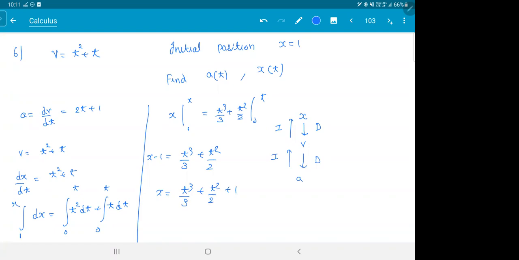Make sense? Check it out. Any doubts on this? Please ask me.